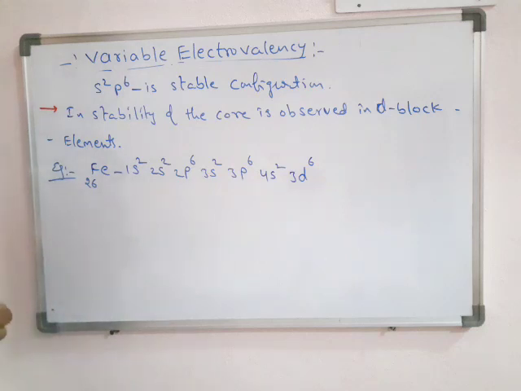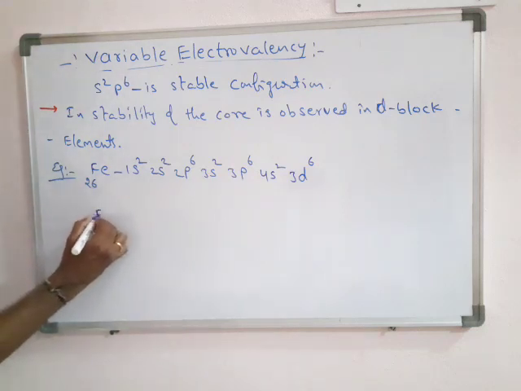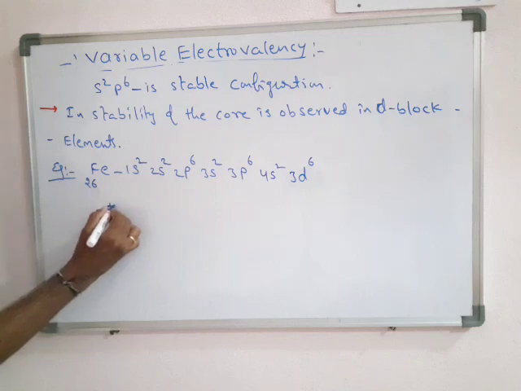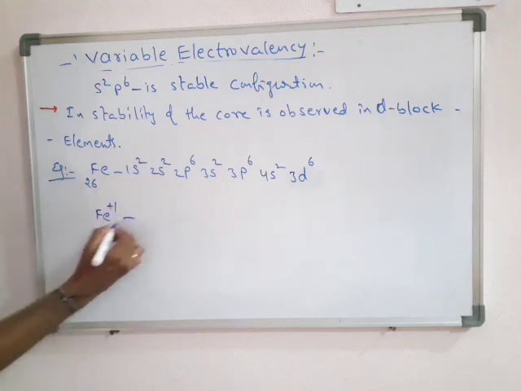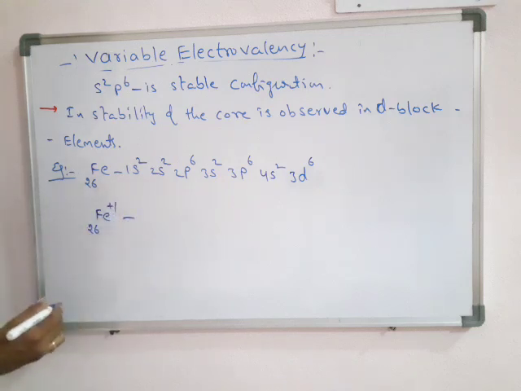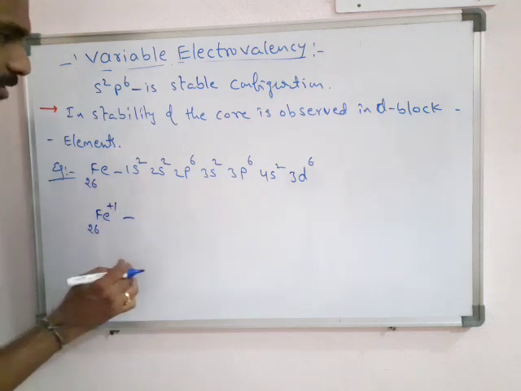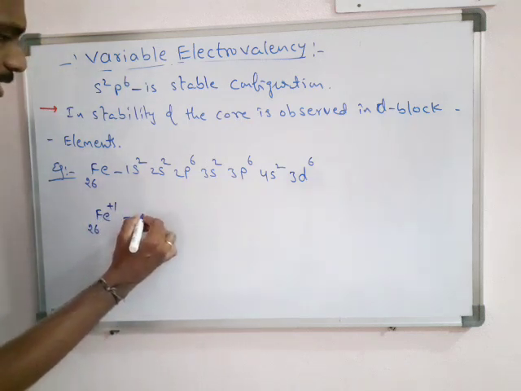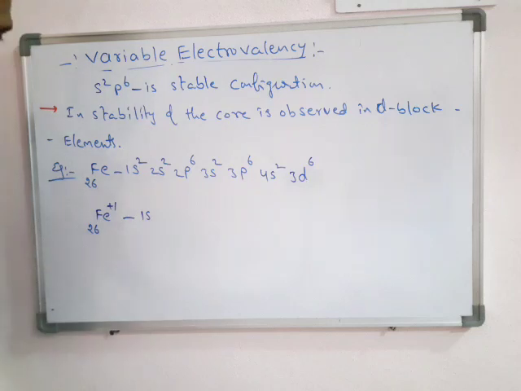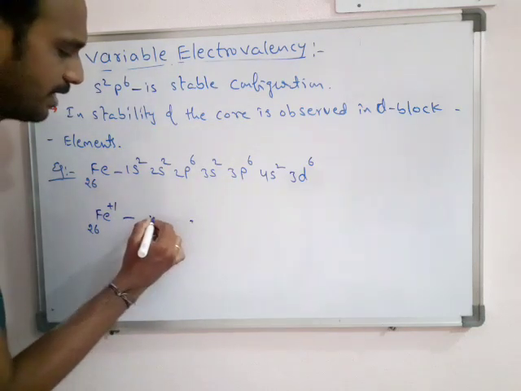If iron loses one electron, how many electrons will be there? Where does the one electron loss take place? No need to write the total configuration, write the valency configuration.